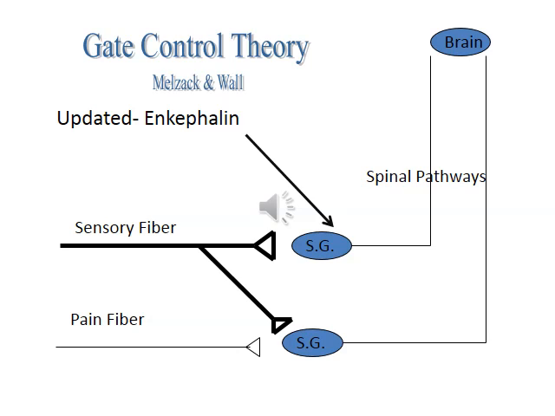What they found is that in the substantia gelatinosa, there are enkephalin interneurons that are stimulated by these non-painful sensory fibers. So in addition to the non-painful sensory fibers being stimulated, they also allow this chemical enkephalin to be released, which will further inhibit the pain fiber. It doesn't so much change the theory per se, it just adds another substance that interacts with this.